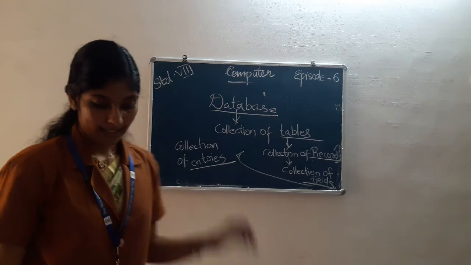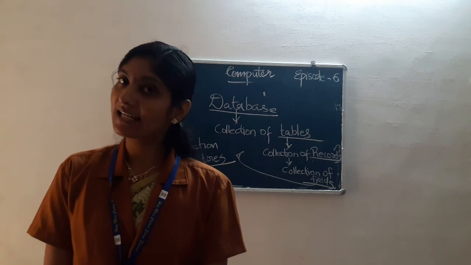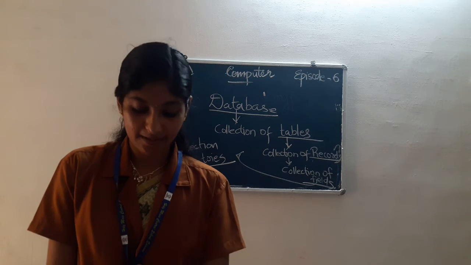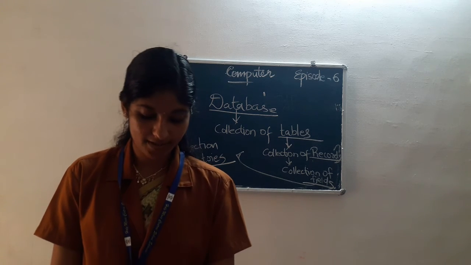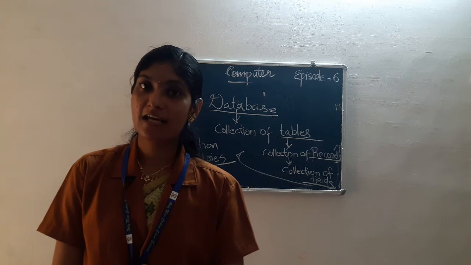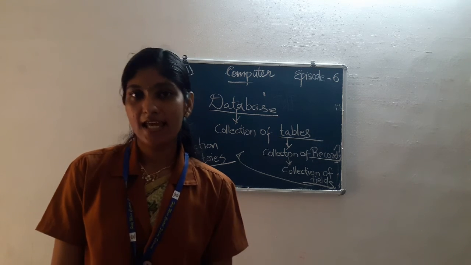Right? That means, as in your text, a database can contain many tables, a table can contain many records, a record can contain many fields, and a field can contain many entries.